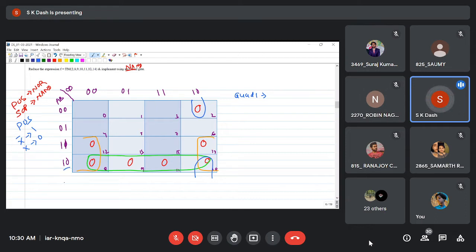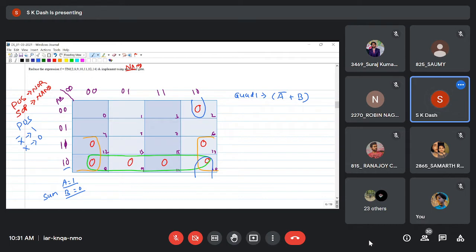So for this quad 1, A is equal to 1, B is equal to 0. Now we are going for POS, product of sums, so each expression will give us a sum term. A equal to 1, B equal to 0. So what will be the expression for this? A equal to 1 means A bar, plus B.